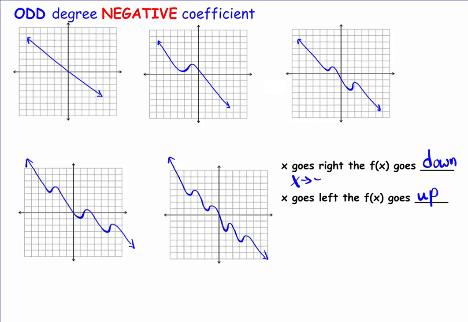As x goes to positive infinity, f of x goes to negative infinity. As x goes to negative infinity, f of x goes to positive infinity. Remember, this means up in terms of my y values.